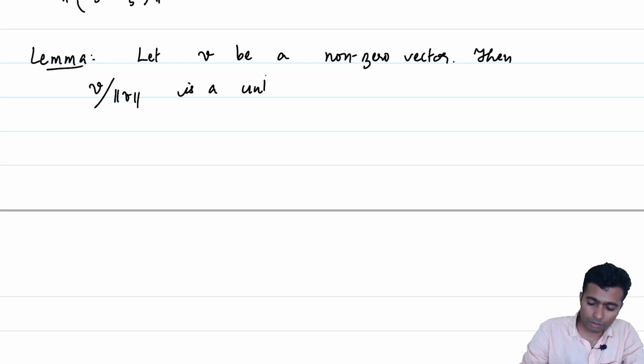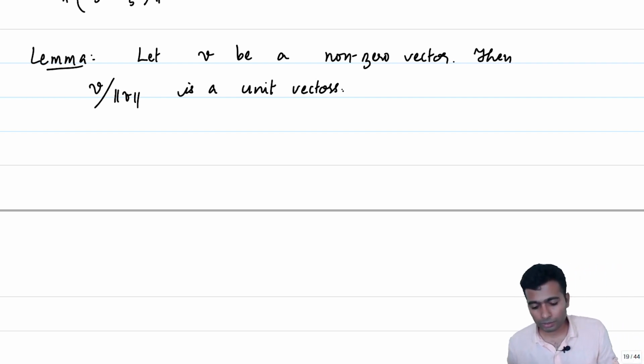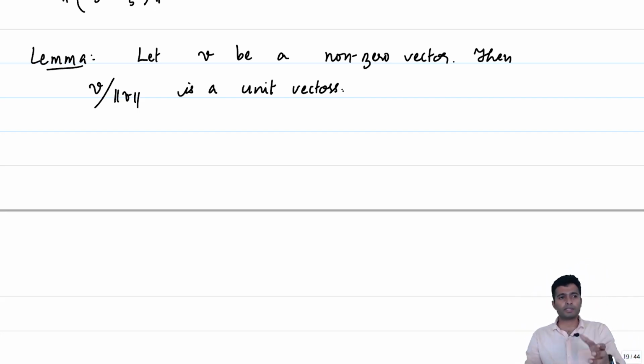So why did we jump into discussing unit vectors? Let me give you the background. The process of getting an orthonormal basis is in two steps. You start off with some arbitrary basis, and by the Gram-Schmidt orthogonalization we obtain a collection of vectors which is orthogonal.